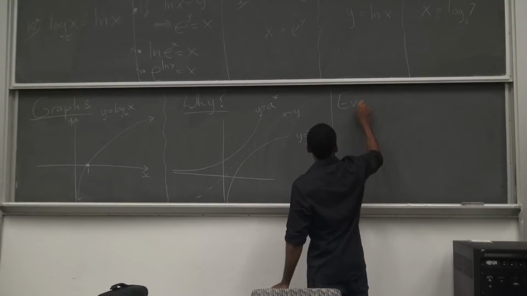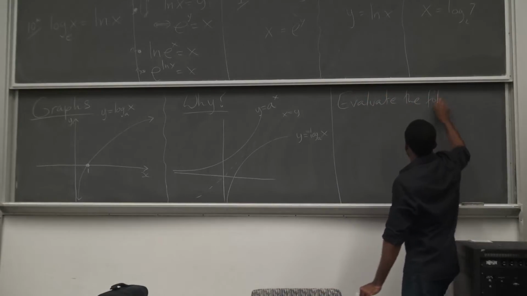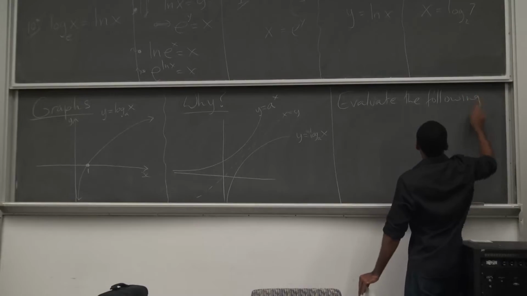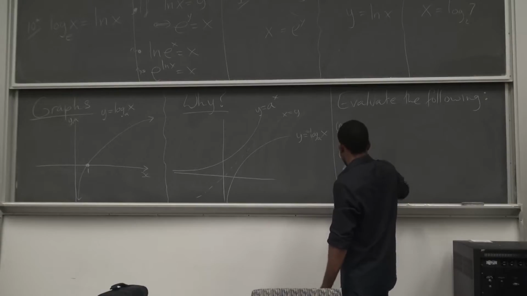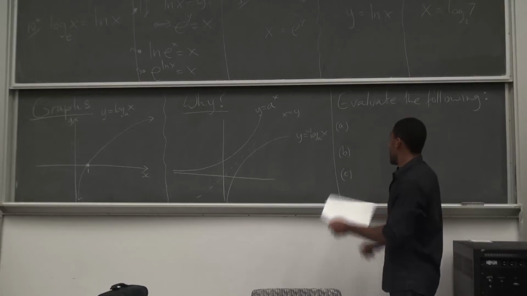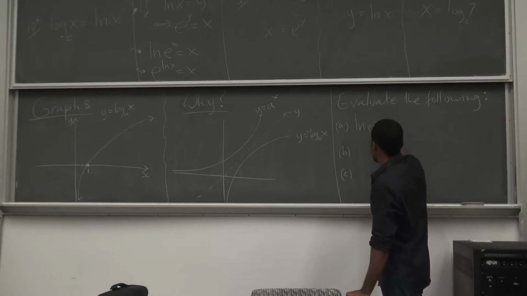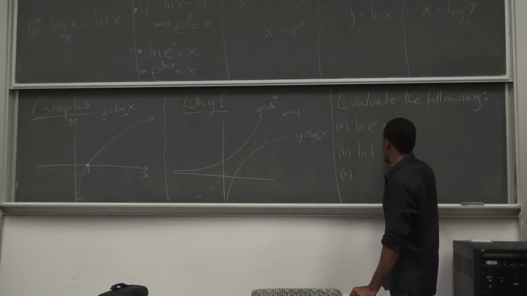This is just a quick test. Nothing too difficult, just want you to evaluate these guys, get you used to looking at e's and ln's. So I'd like you to tell me, what is ln of e? What is ln of 1?